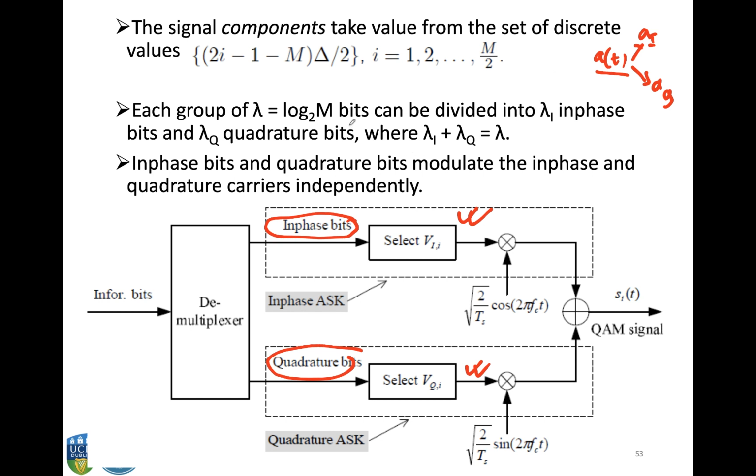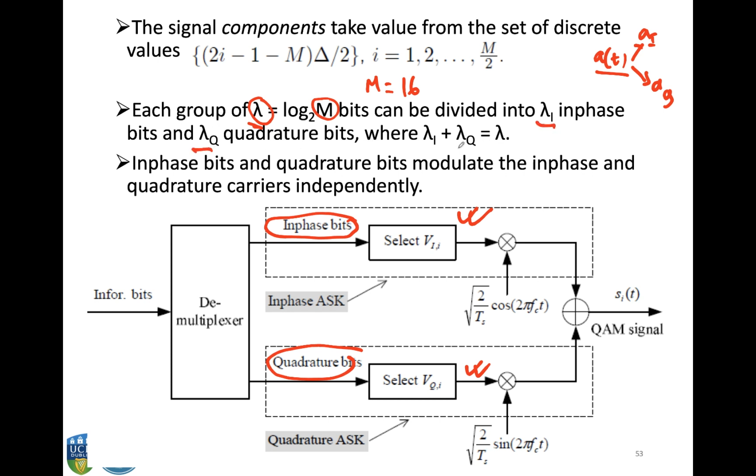So your lambda is log of M to the base 2. Basically, depending on how many signals or levels you have, you get these many bits per symbol. If your M is, let's say, 16, then you have 4 bits per symbol, and those 4 bits can be divided into lambda I in phase bits and lambda q quadrature bits.